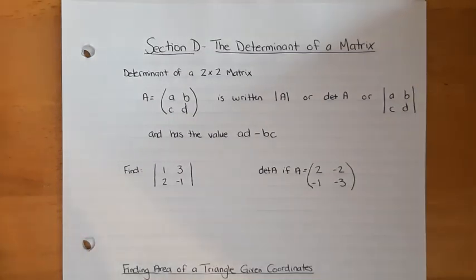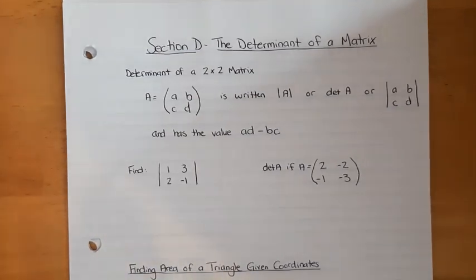Sections are leading towards the last section, which is solving linear equations using matrices, solving simultaneous linear equations. So today is the first piece that we will use in that larger scale process, and it's known as the determinant. The determinant is just a value that you get from a matrix.